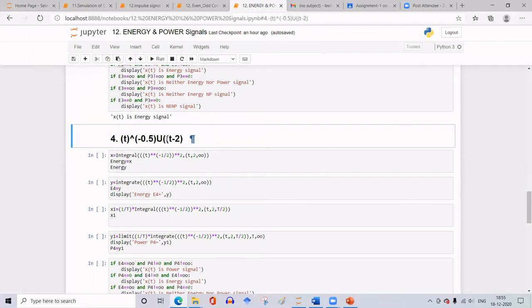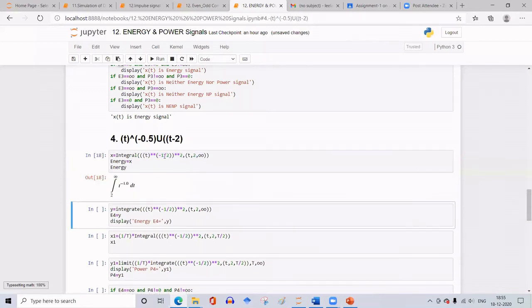So the signal will be nonzero for t from 2 up to infinity. So for the limit of integration, first I'll write the integral of t to the power of minus 0.5, whole squared, since that is our x of t squared. Then integrate it with respect to t for t varying from 2 to infinity. Okay. So that is the energy of this problem.